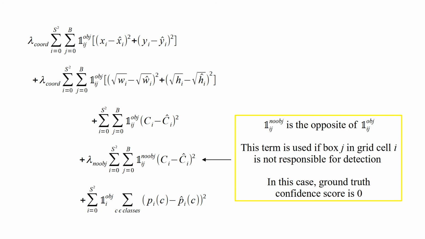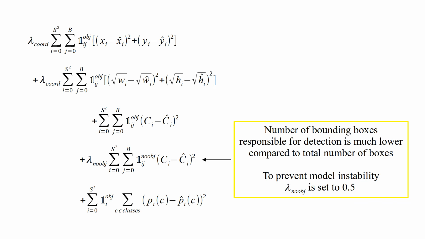And this term is used if box J in grid cell I is not responsible for detection. In this case, the ground truth confidence score is 0. The number of bounding boxes responsible for detection is much lower compared to the total number of boxes. To prevent model instability due to imbalance, the related lambda is set to 0.5.